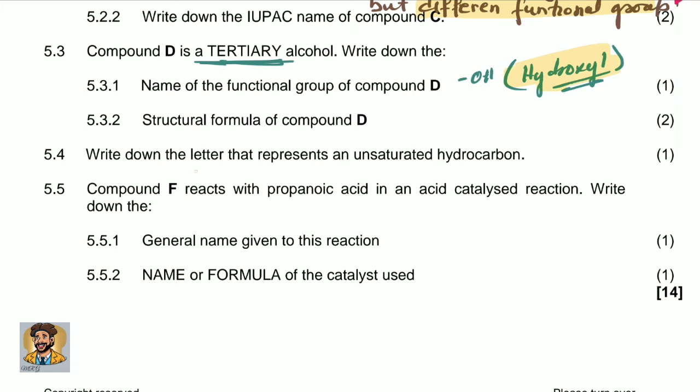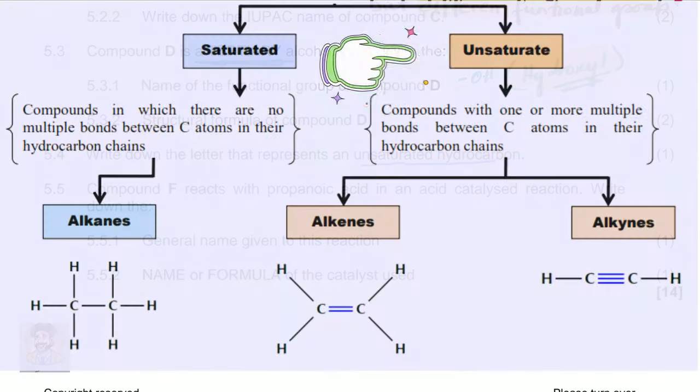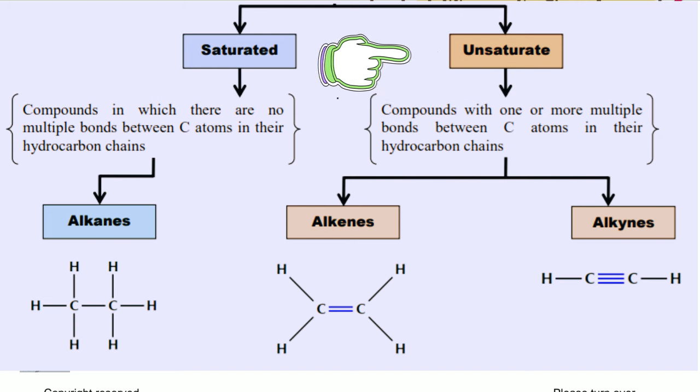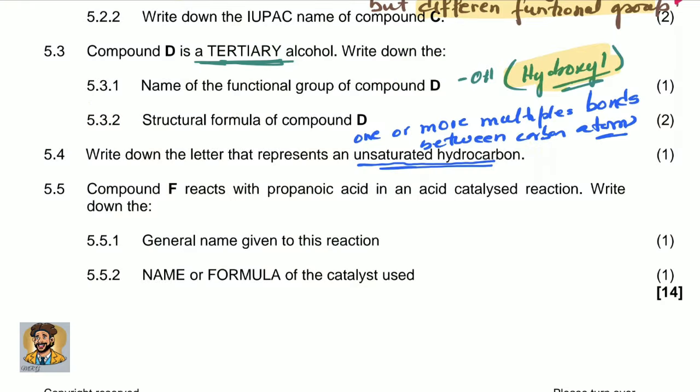Now they say write down the letter that represents an unsaturated hydrocarbon. Now, what is an unsaturated hydrocarbon? There will be one or more multiple bonds between carbon atoms. In other words, we're speaking about alkenes or alkynes.